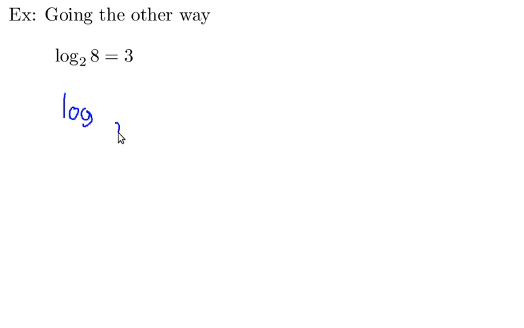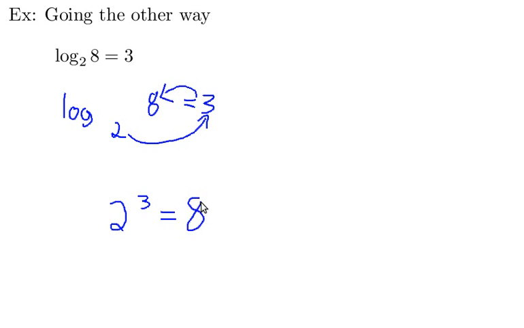So log base 2 of 8 equals 3. Well, we have 2. The base stays the same, to the power of 3 equals 8. So now I've gone from one direction to the other. And I think we can agree that 2 cubed equals 8.